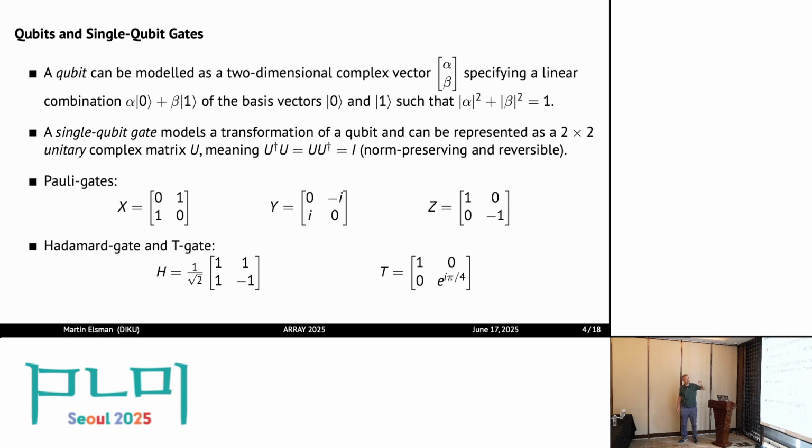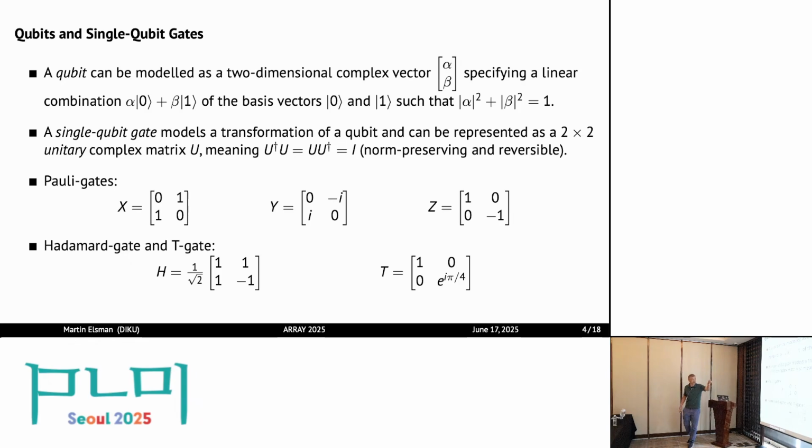Then the single qubit gate becomes a transformation of such a qubit. They are represented by a 2 times 2 unitary complex matrix, as we saw on the previous slide with the Hadamard gate. That just means that it's norm preserving and reversible.